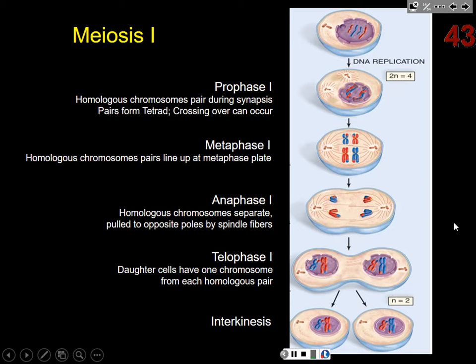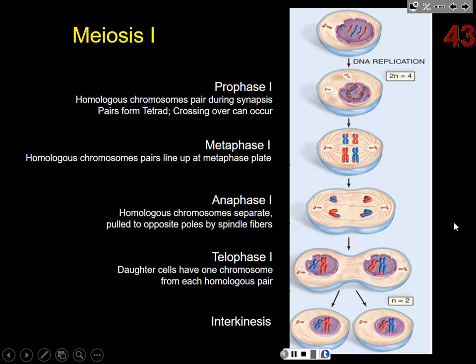So what did you do at the end of meiosis 1? You separated the homologous pairs. Yes. So now you have 2 haploid cells. That cell's haploid because the genes, here's my long chromosome right there.